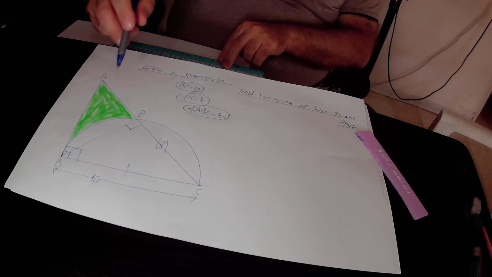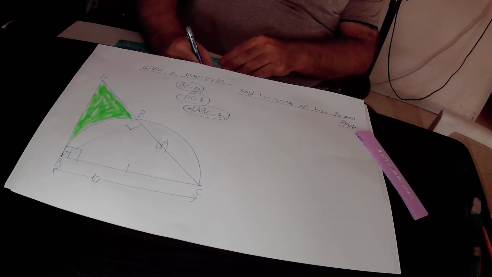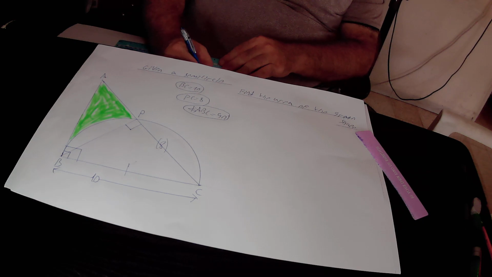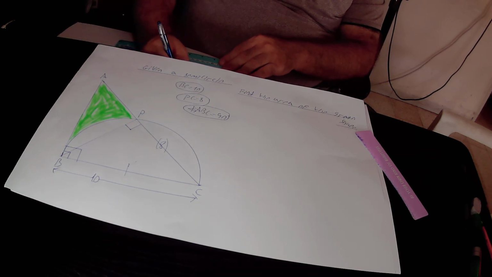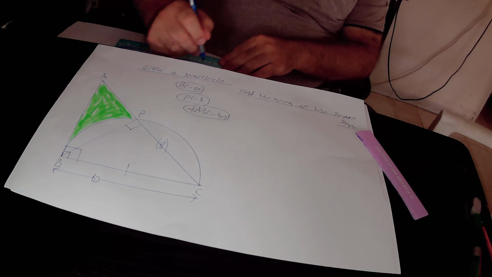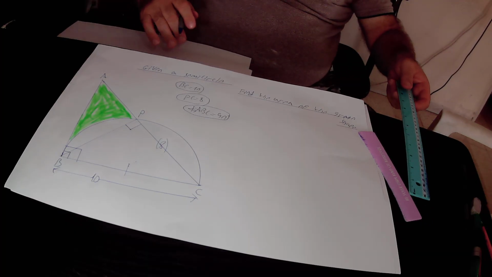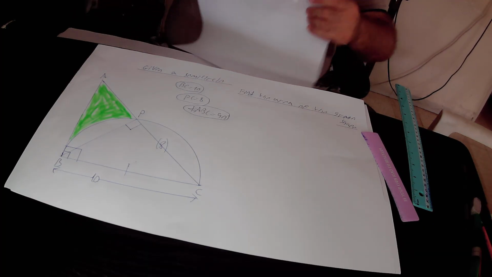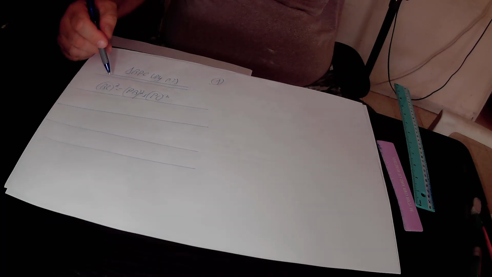The hypotenuse of the right triangle BPC is BC, therefore the square of the hypotenuse is BC square, and BC square must be equal to PB square plus PC square. Okay, again, according to the Pythagoras theorem, in the right triangle PBC, BC square, that is the square of the hypotenuse, equals PB square plus PC square.